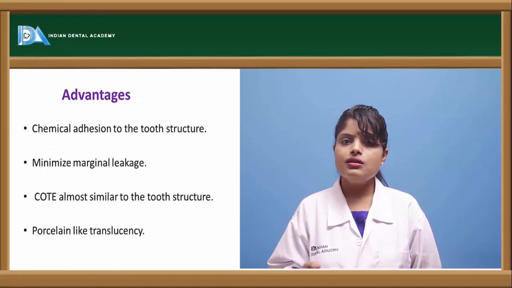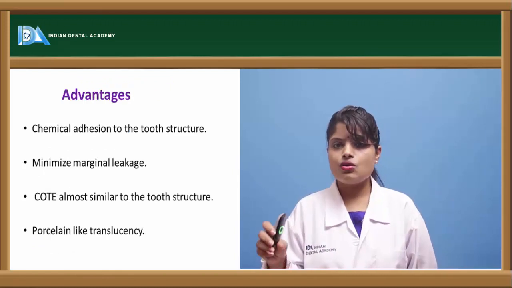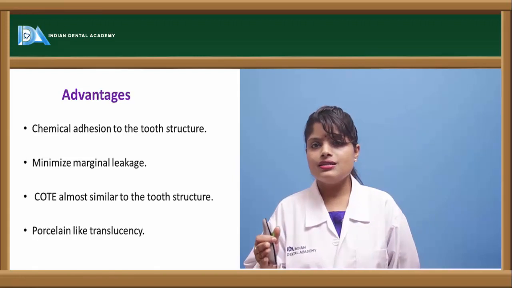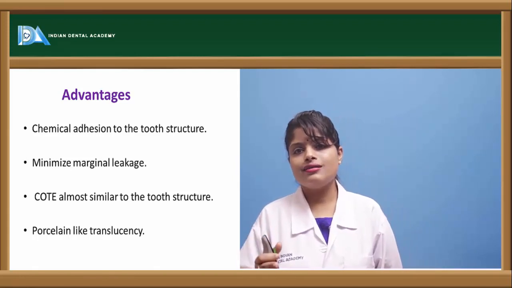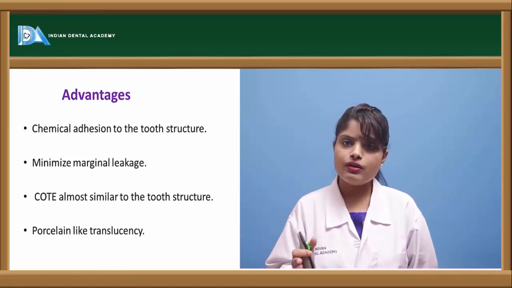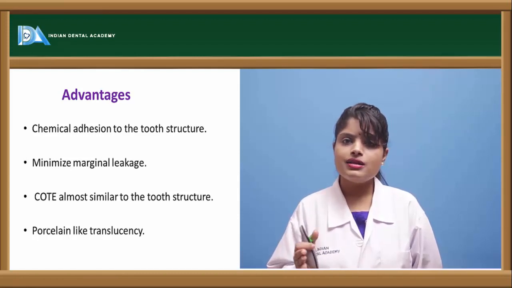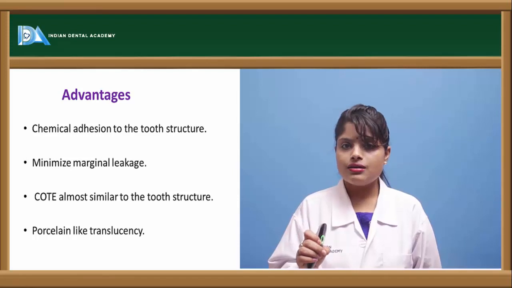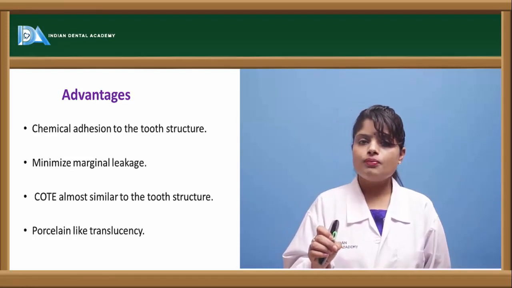The glass ionomer cement powder is first dispensed on a paper pad and is divided into 3 small increments. First, we incorporate the first increment into the liquid after dispensing the liquid onto the paper pad from the bottle.